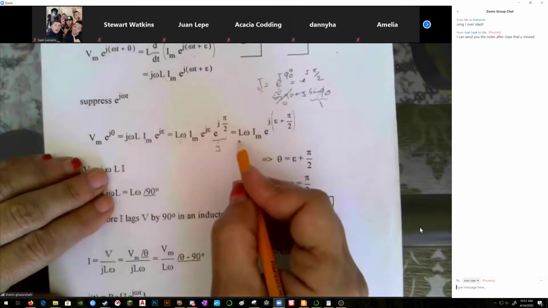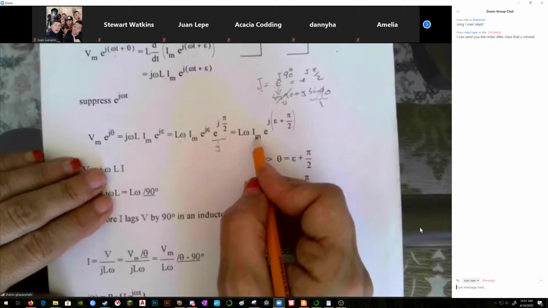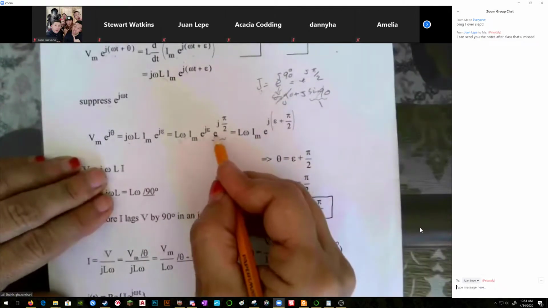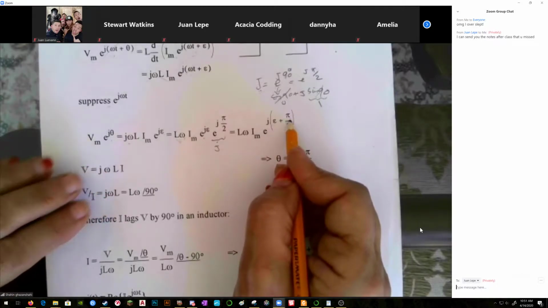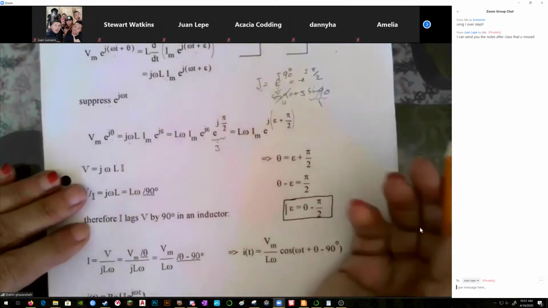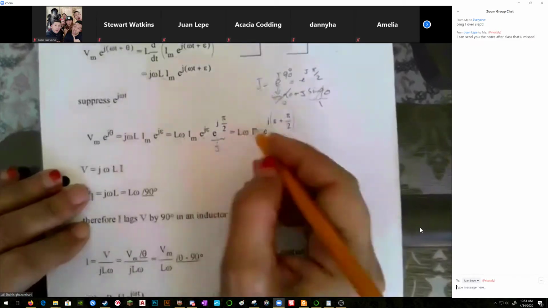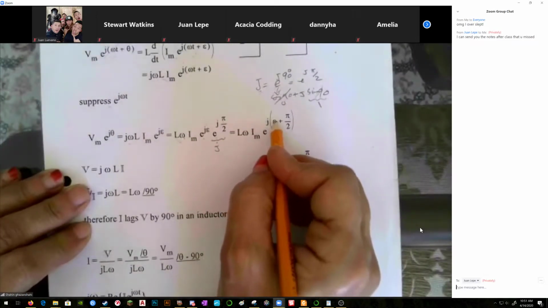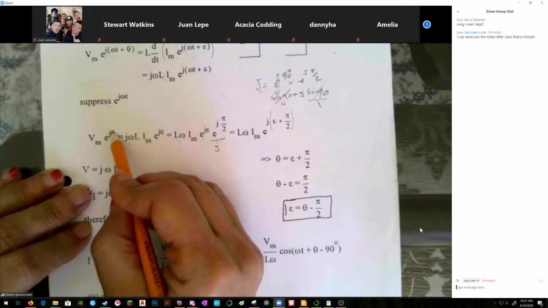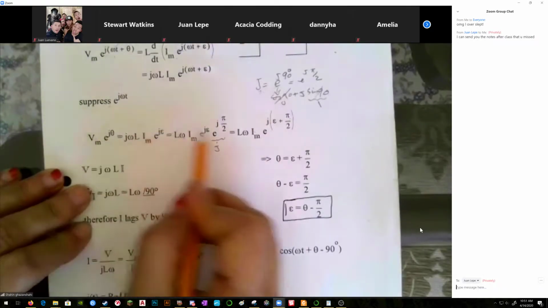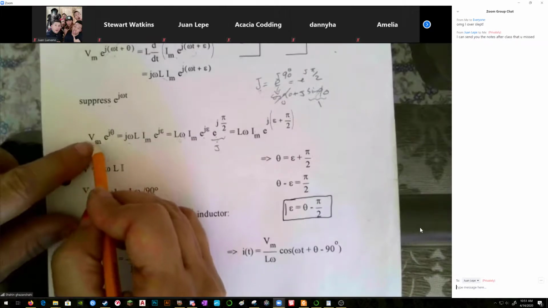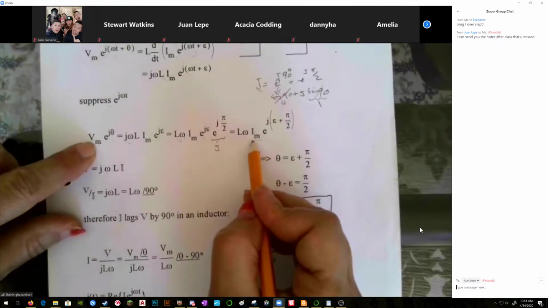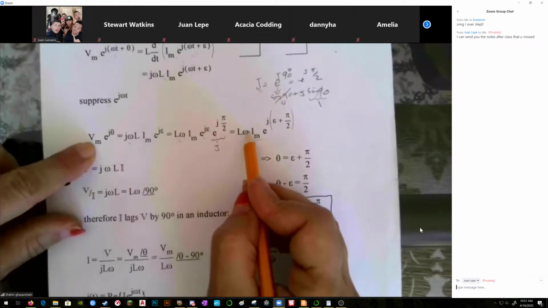Okay, so you have L omega Im. When you multiply two exponentials, you are adding the powers, correct? Why are we doing these things now? Because when you equate these two together, the Vm magnitude here is L omega Im.